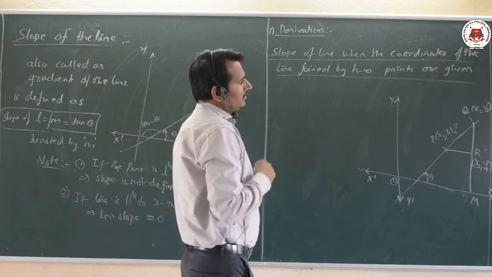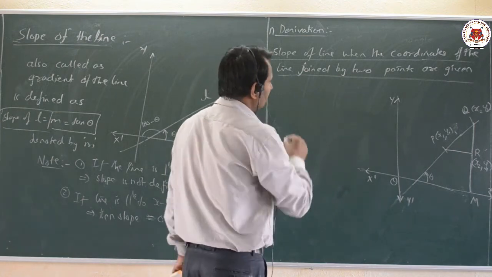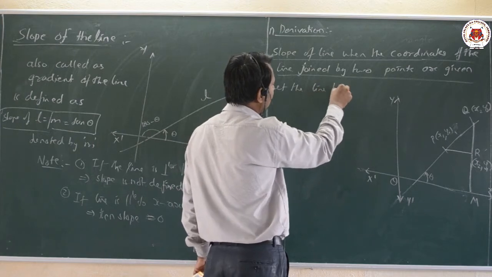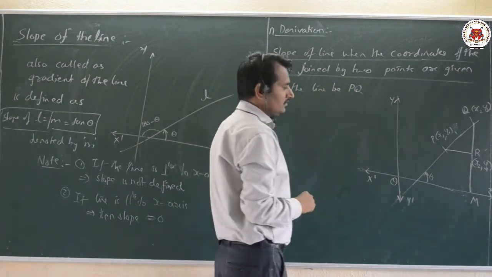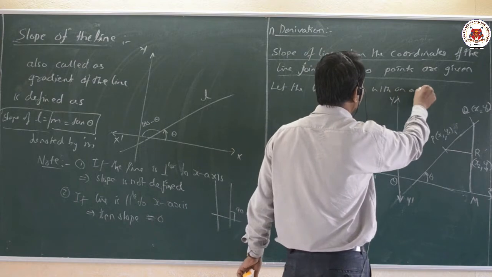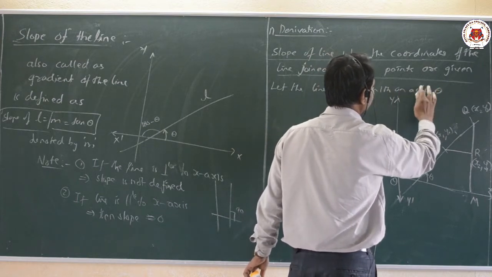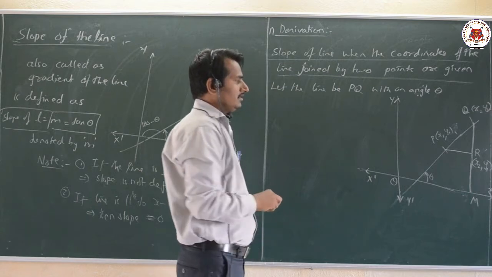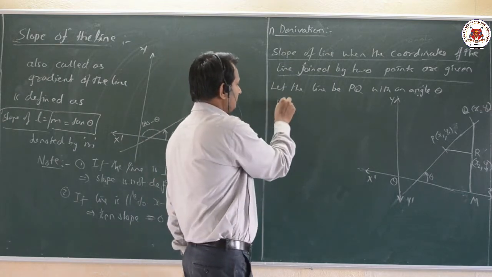Now here I will write down all the data. Let the line be PQ, which has a slope with an angle theta.